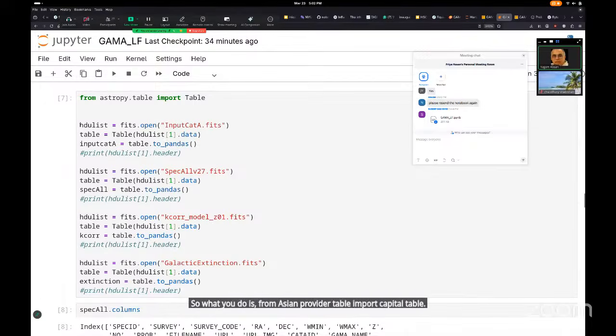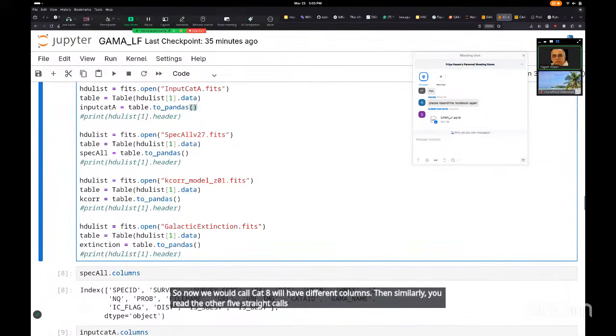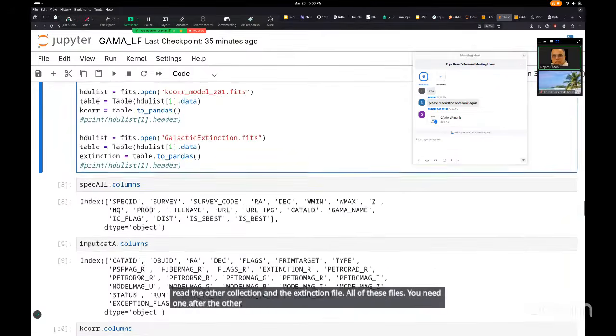And then you open the fits file and ask astropy to read the data from that file into a table, and you convert that table to a pandas data frame. So now input cat A will have different columns. Then similarly, you read the other files, spec cat, K correction and the extinction file. All of these files you read one after the other and convert them into pandas.